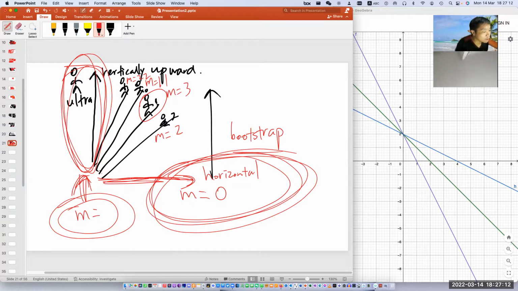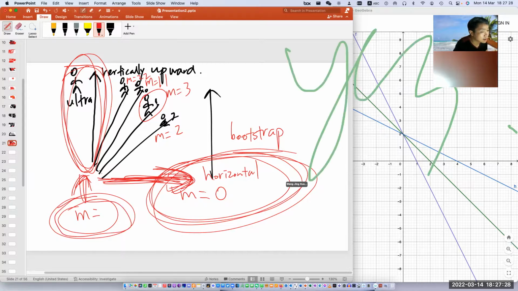So if you get a flat line, your gradient is 0. Are you clear? And then what is this ultimate one? This one you need to bring yourself up. The gradient is infinity.